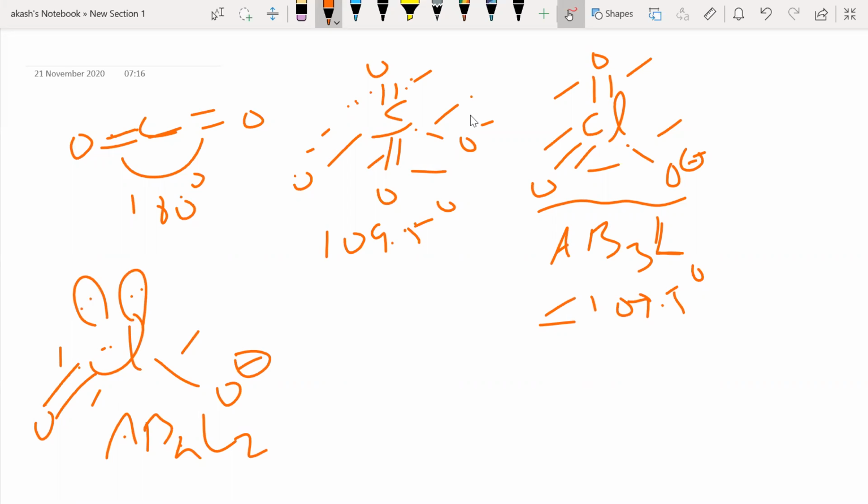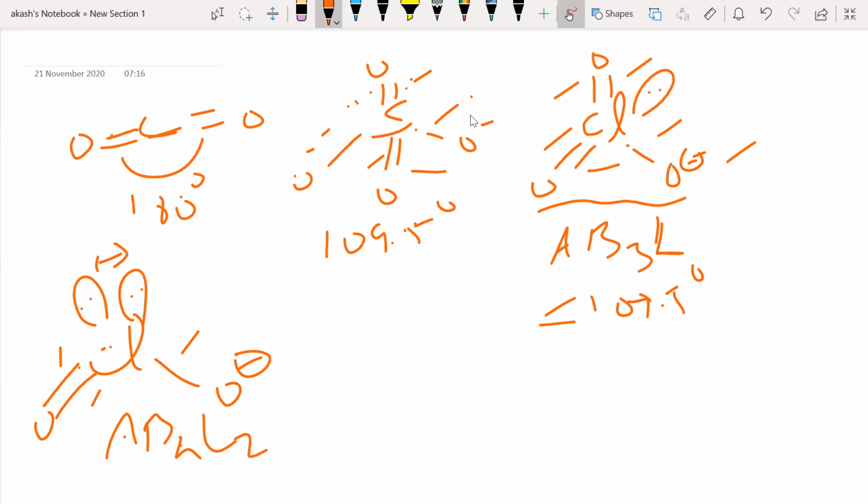In ammonia, I have only one lone pair. Here I have lone pair interaction. So obviously the bond angle would be lesser than ClO3 minus, right? If you can remember, the bond angle of water was 105, and for that of ammonia was around 107. Right? So obviously this is going to have lesser bond angle because I have one more lone pair than the previous case, right?